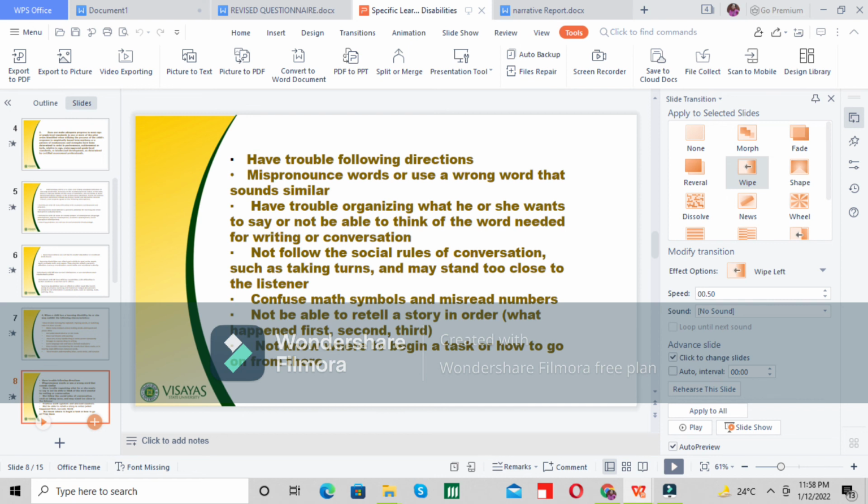Actually, there are so many people, and I'm also confused by math, especially when there are a lot of problems and those symbols just scramble in my mind. Then, not able to retell a story in order. So yes, it happens.